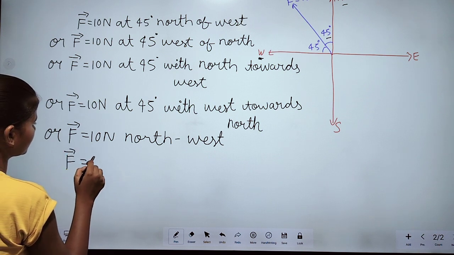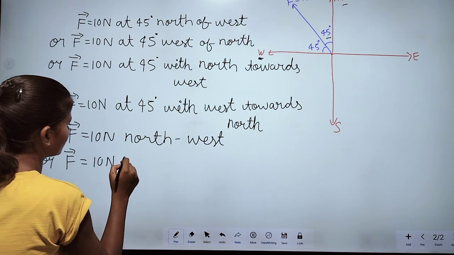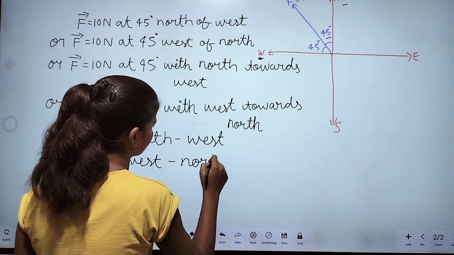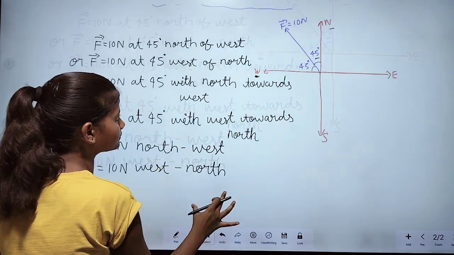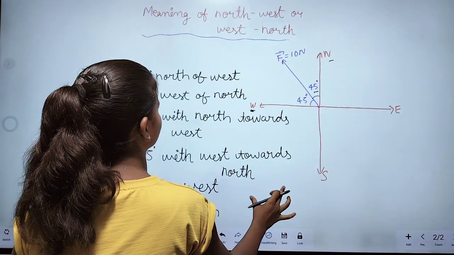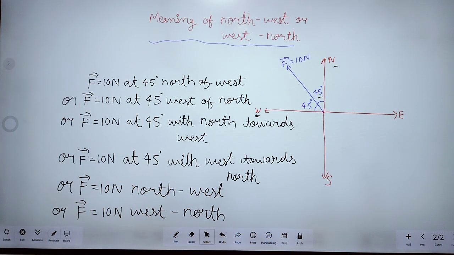F vector is equal to 10 Newton west north. So I hope you understand the meaning of north of west or west north.